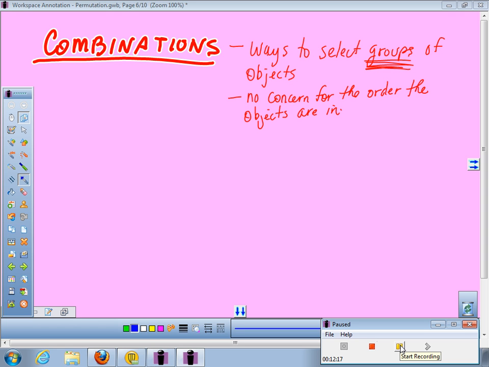How many teams of 5 can you put on the floor? How many different groups of 5 people can you put out there? That's a combination, because you're not caring what pattern they're in, just how many groups can I pick. So combinations you're going to think groups, and you don't care about the patterns at all.